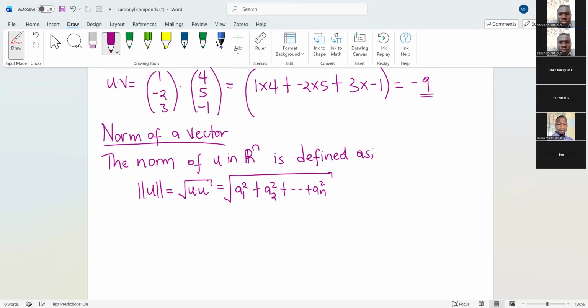From my definition above for u, that is how we define the norm of u.